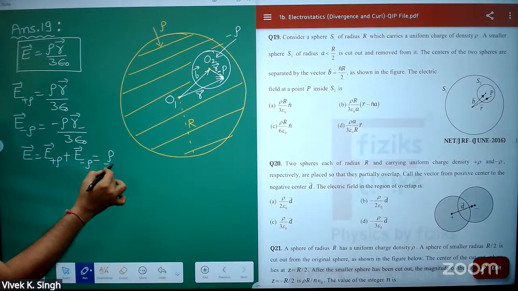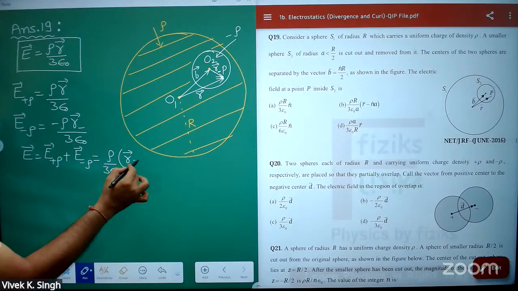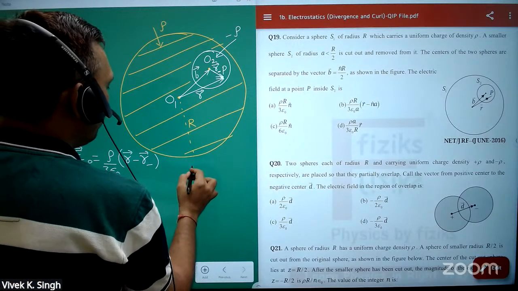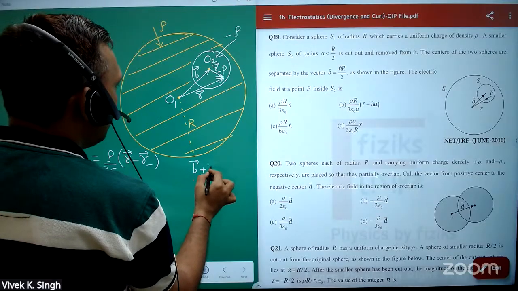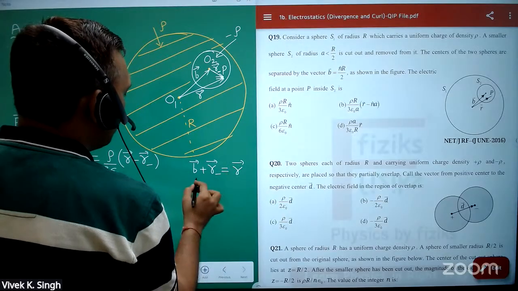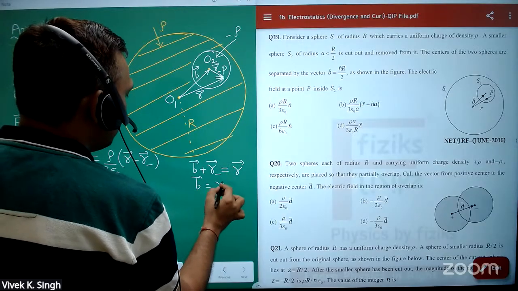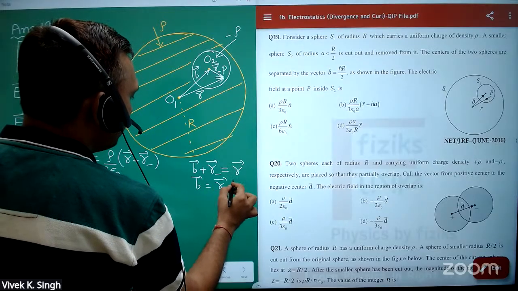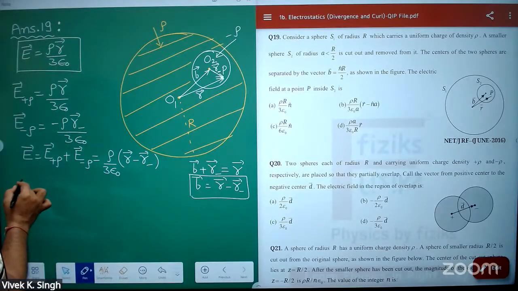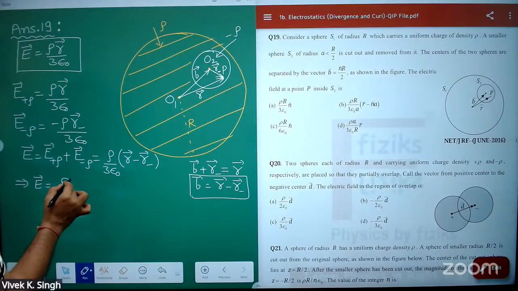So this will give you rho by 3 epsilon naught, r minus r minus. Now see, what will be B plus r minus? If you take the vector sum, this will be vector r. So B is given by r vector minus r minus vector. So this can be written as rho B by 3 epsilon naught.